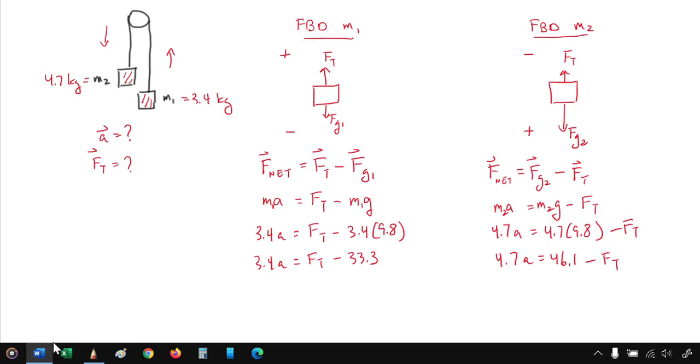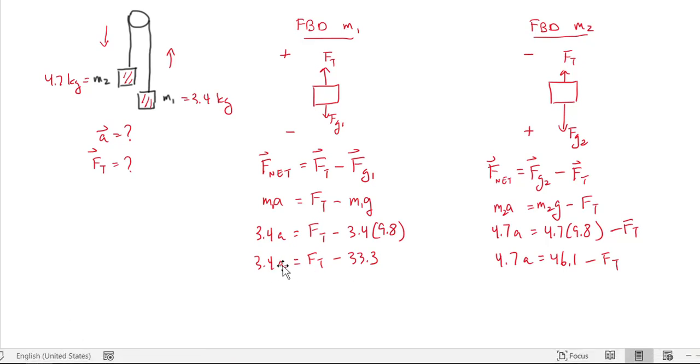So there we are. Now, if I look here, I can't solve this equation by itself because this equation has an A and an Ft. I'll call this equation 1, and this is equation 2, same thing. But they both have A and they both have Ft.